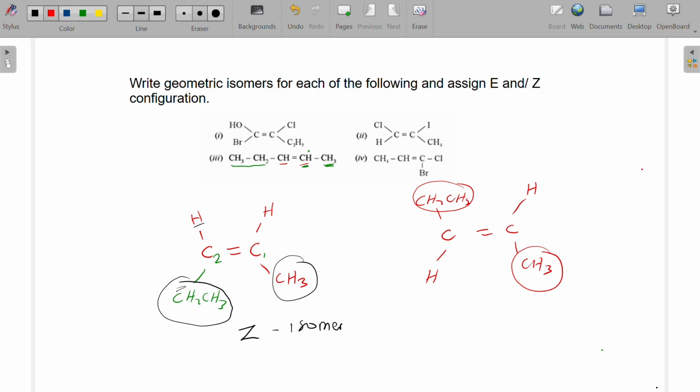Again, we can see our groups now. The group of interest is this one, and the other group of interest is that one. So these are on different sides, and this makes it an E isomer. So that's an E isomer that we have there. So we have drawn the two isomers and we have basically given them the configuration, which is E and Z configuration.